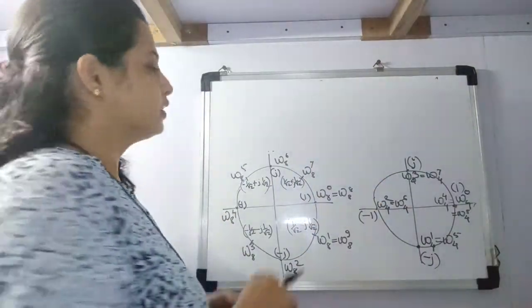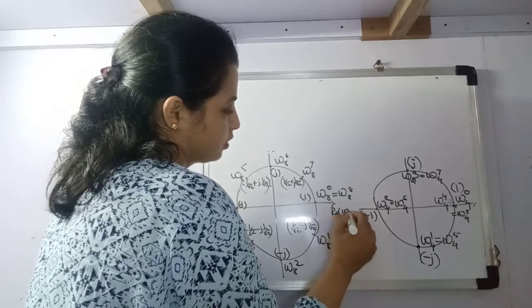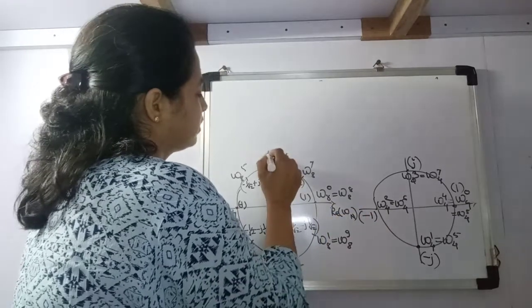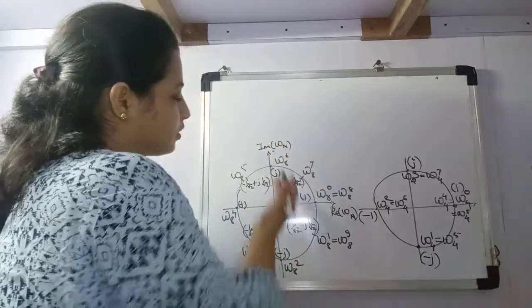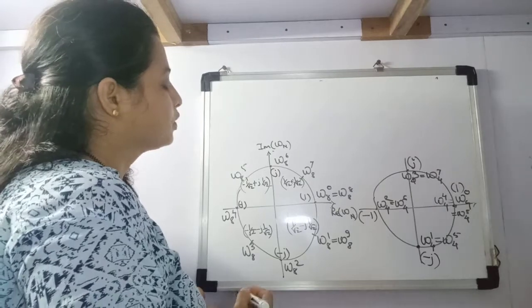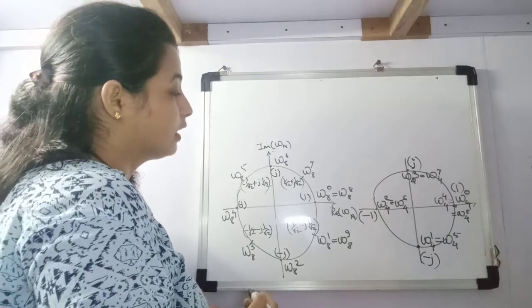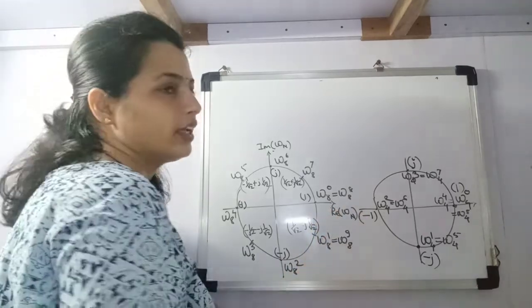We can term this axis as the real part of omega n, and this axis as the imaginary part of omega n. So you can see j here, and real quantities over this axis. You can observe that omega 8 0 is equal to omega 8 8.